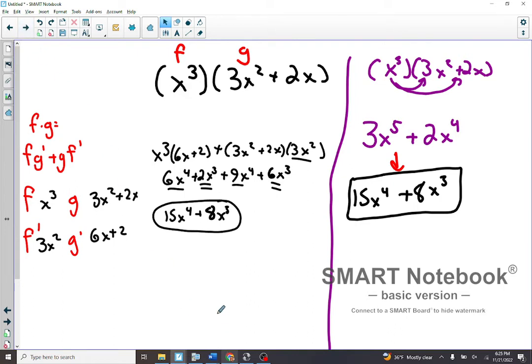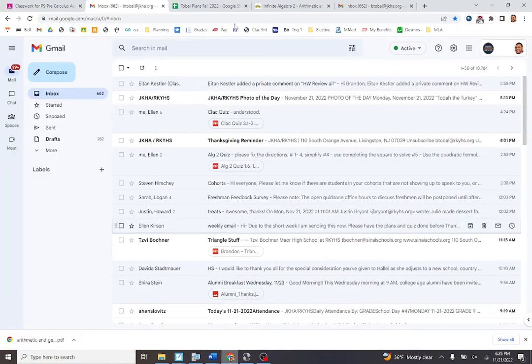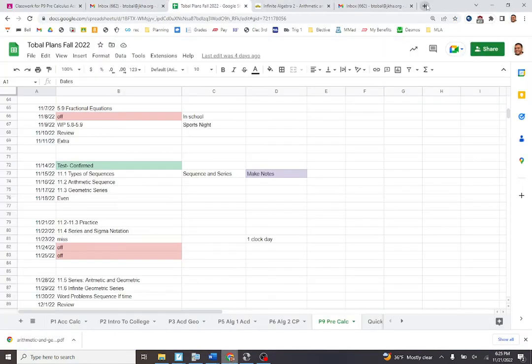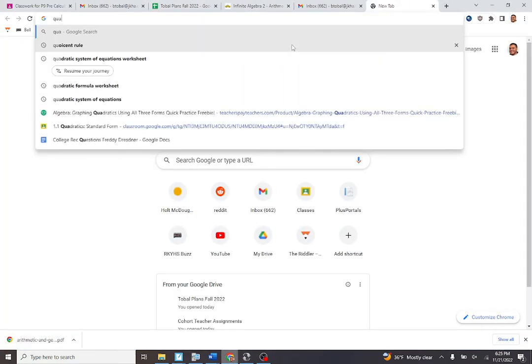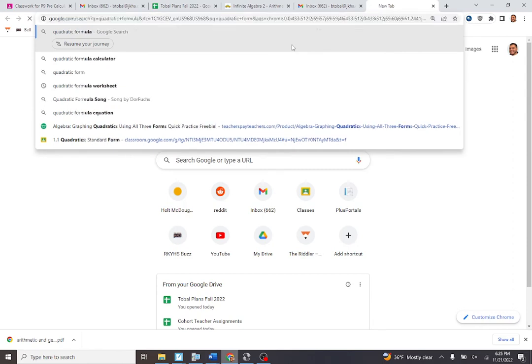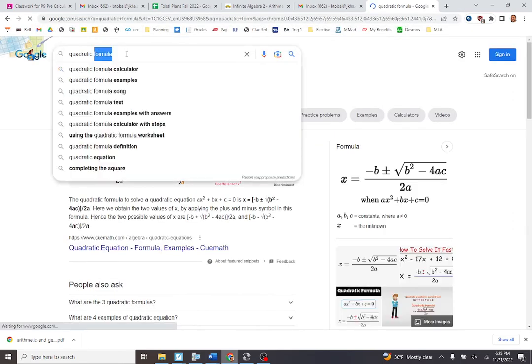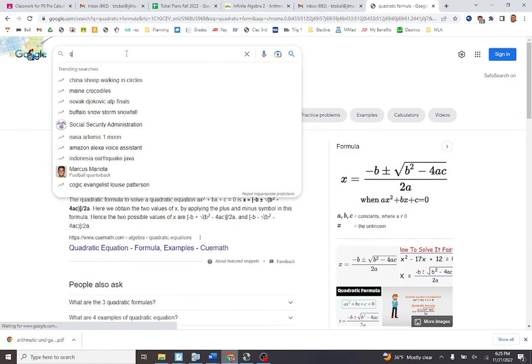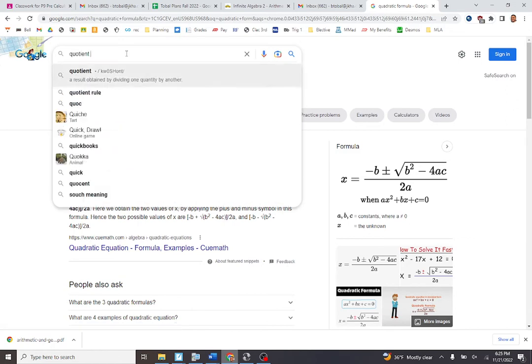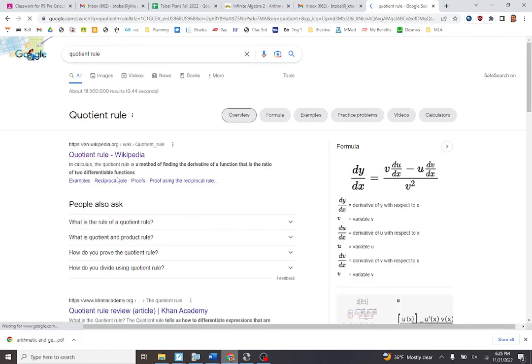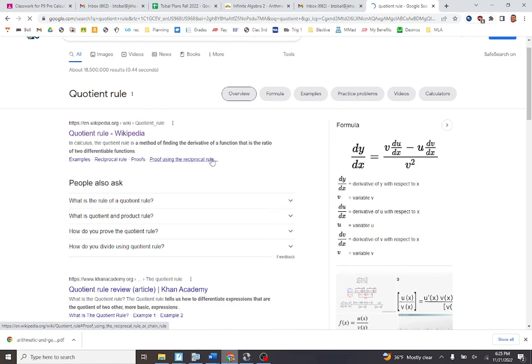All right. Now I don't want to make the mistake of doing the wrong equations. Oh, not quadratic, quotient. Oops. I don't want to make the wrong equation. All right.